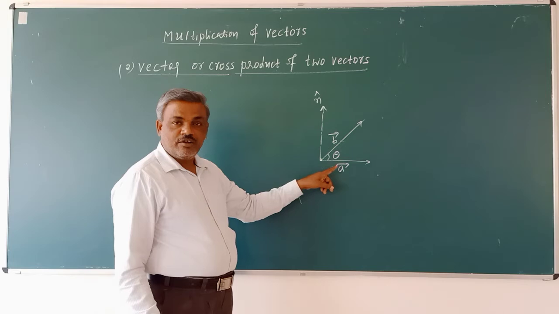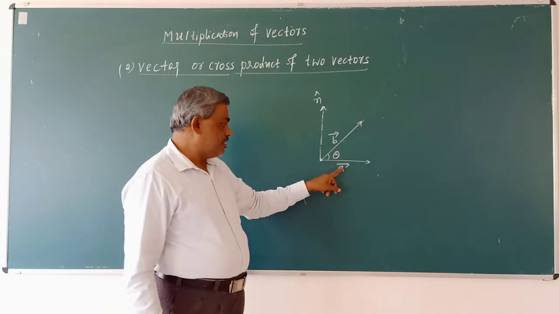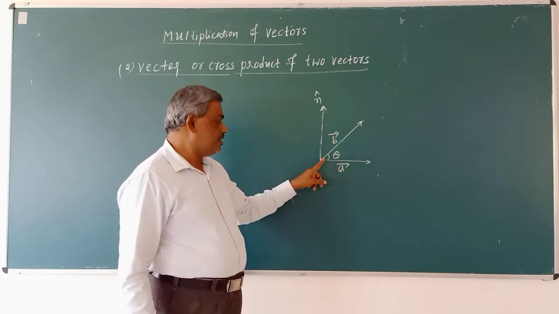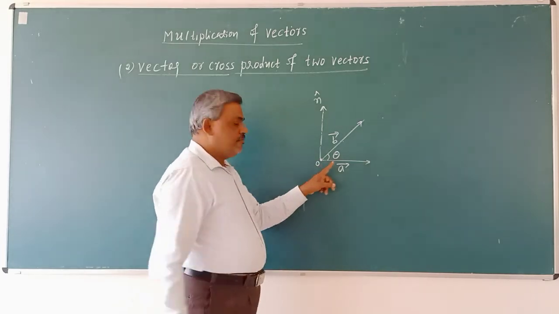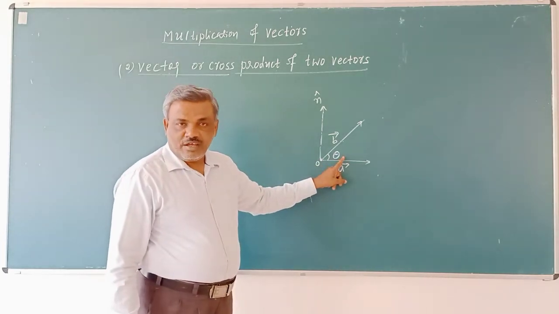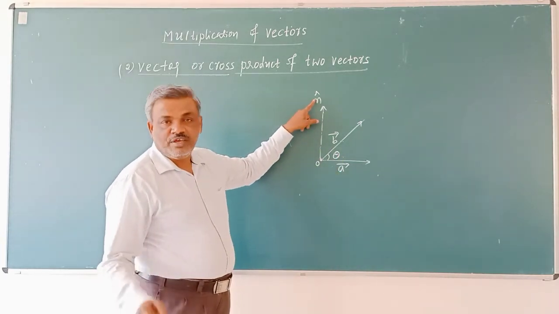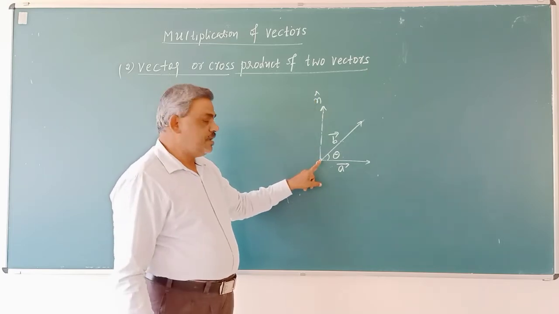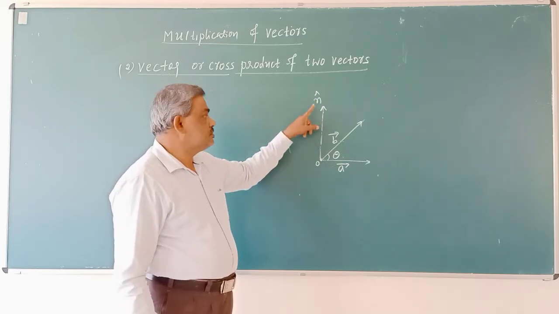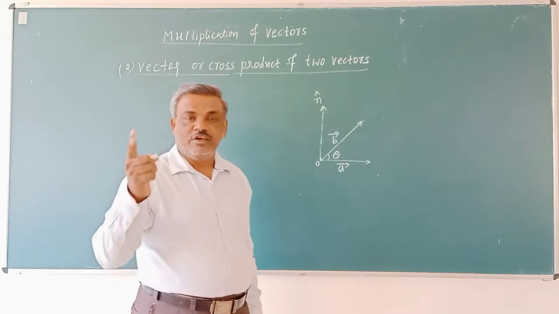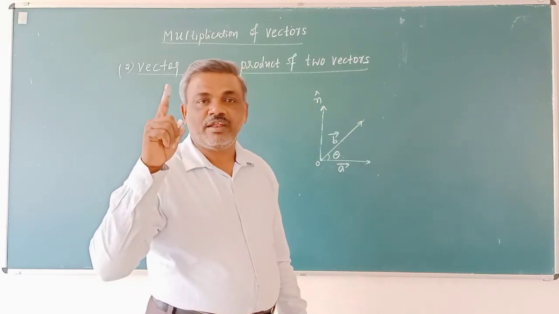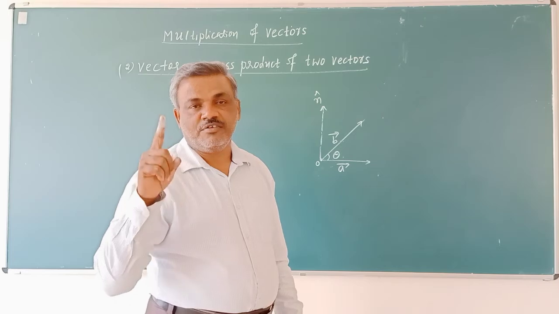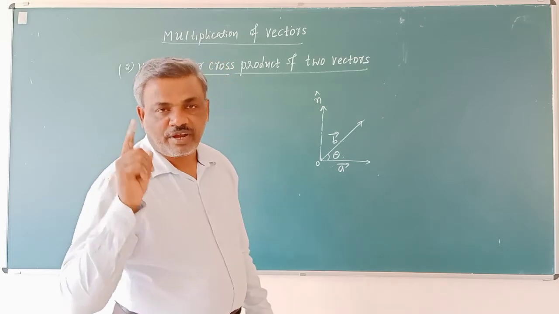In a diagram we have two vectors, vector A and B at a point O, making an angle theta. n cap is a unit vector perpendicular to the plane containing the two vectors. Define unit vector: a vector whose magnitude is unity, that is 1, is called a unit vector.